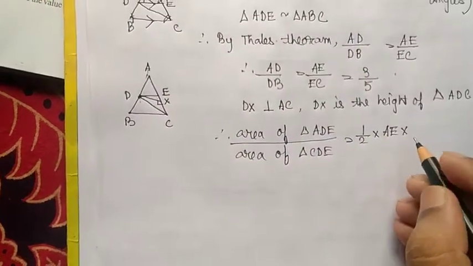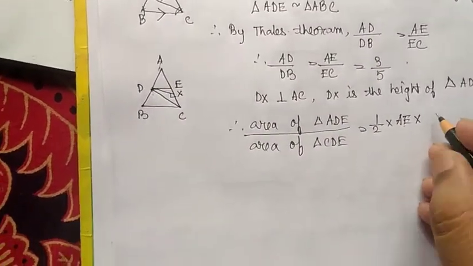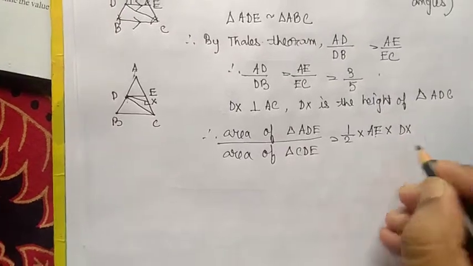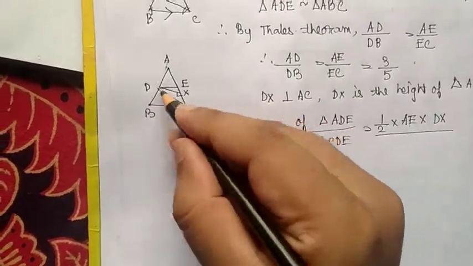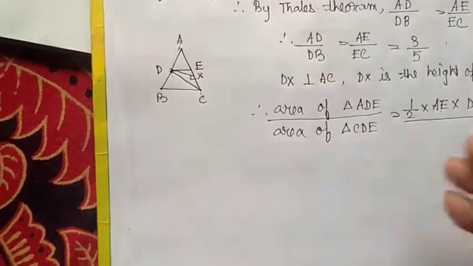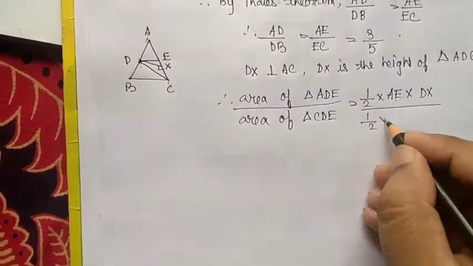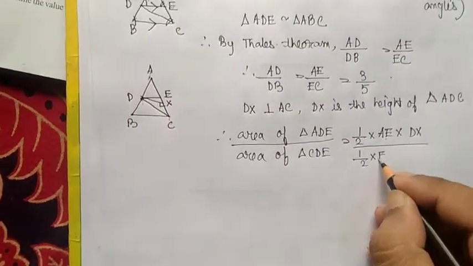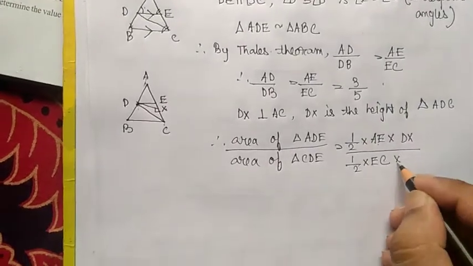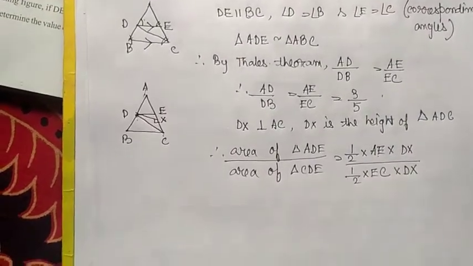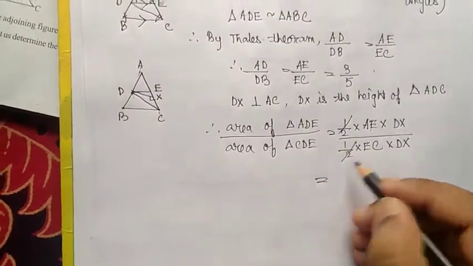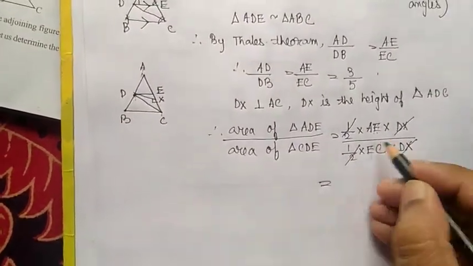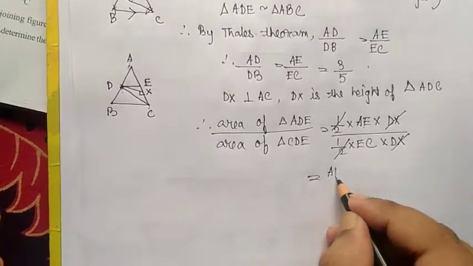Now the area of triangle CDE means half into base, here the base is EC, and the height is the same DX. So we can eliminate half and DX, and AE by EC is remaining.